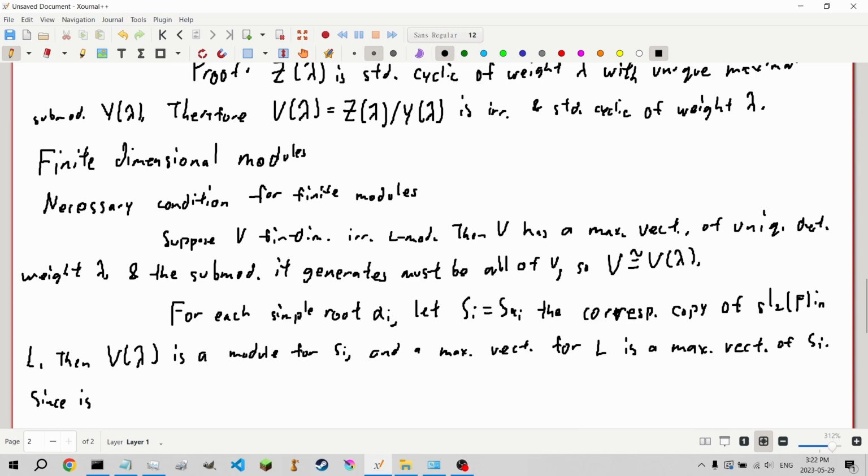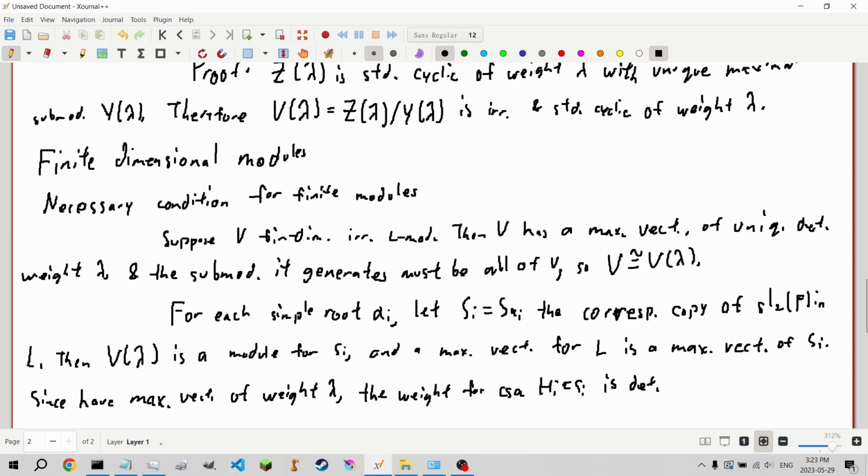Since there is a maximal vector of weight lambda, the weight for the Cartan subalgebra Hi in Si is completely determined by the scalar lambda of Hi, with of course Hi being H alpha i.